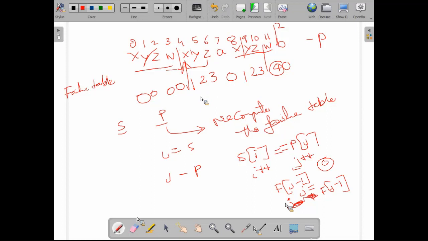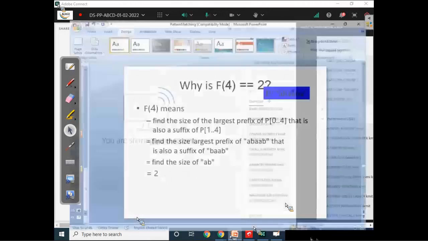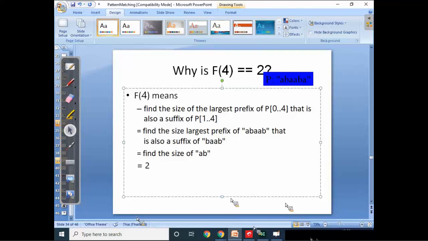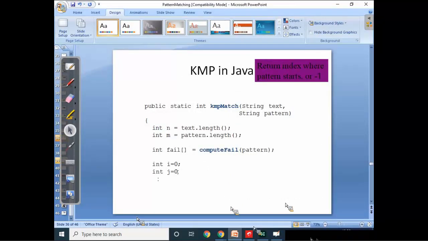Okay, so now let's look at the algorithm per se in the PPT and then in GeeksforGeeks. Okay, so yeah, this is how the code looks in Java.